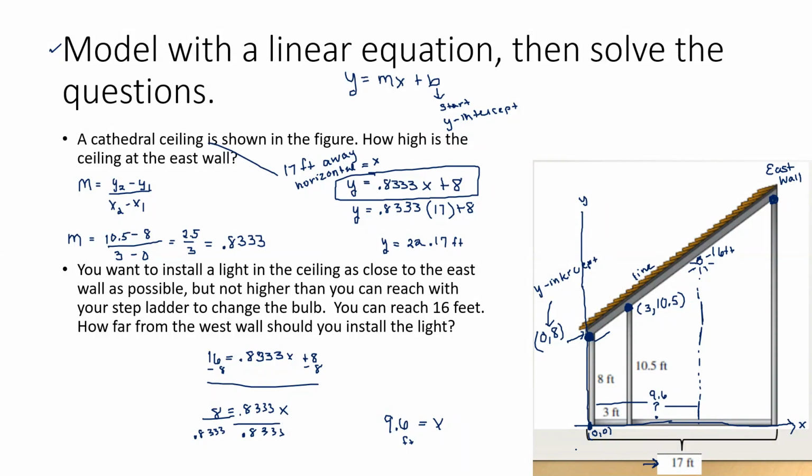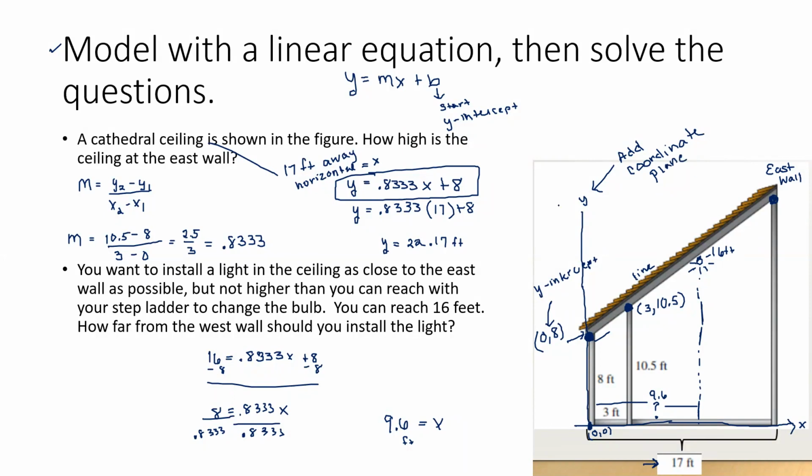So to go back and summarize, what are the key things? So the first thing I did is I wrote down what my linear equation is going to be, and then I drew a coordinate plane on top of the picture. So one of the key things was to add the coordinate plane. And adding the coordinate plane is what allowed me to see the different points and distances as ordered pairs, which allowed me to then create a linear model.